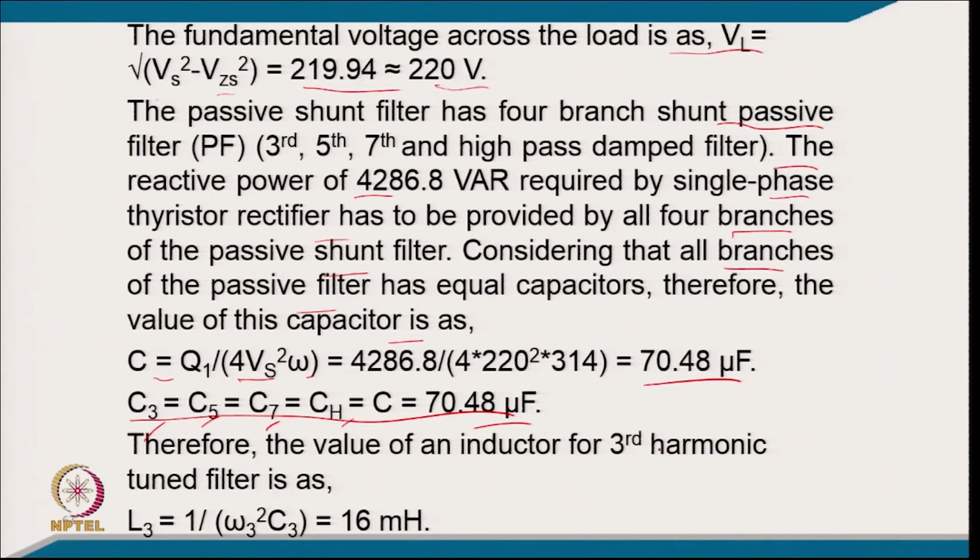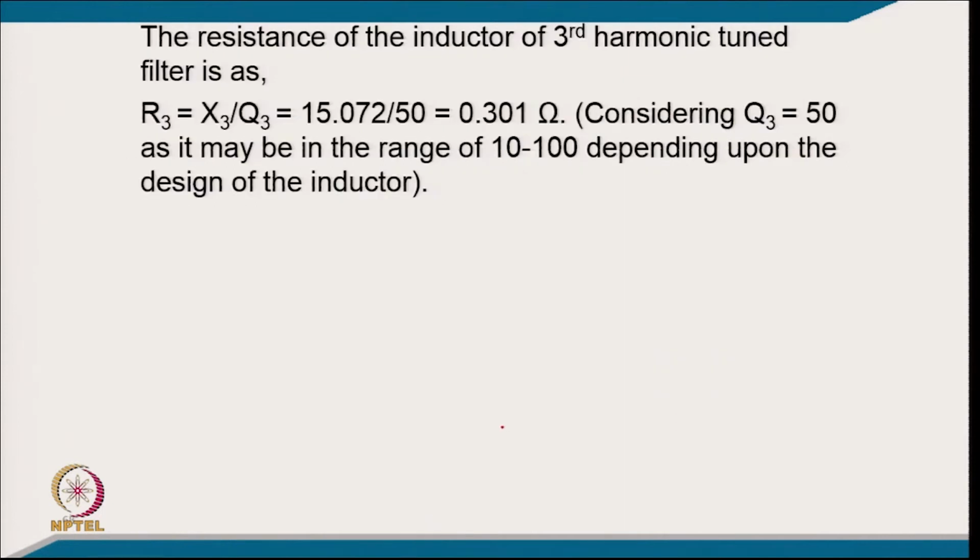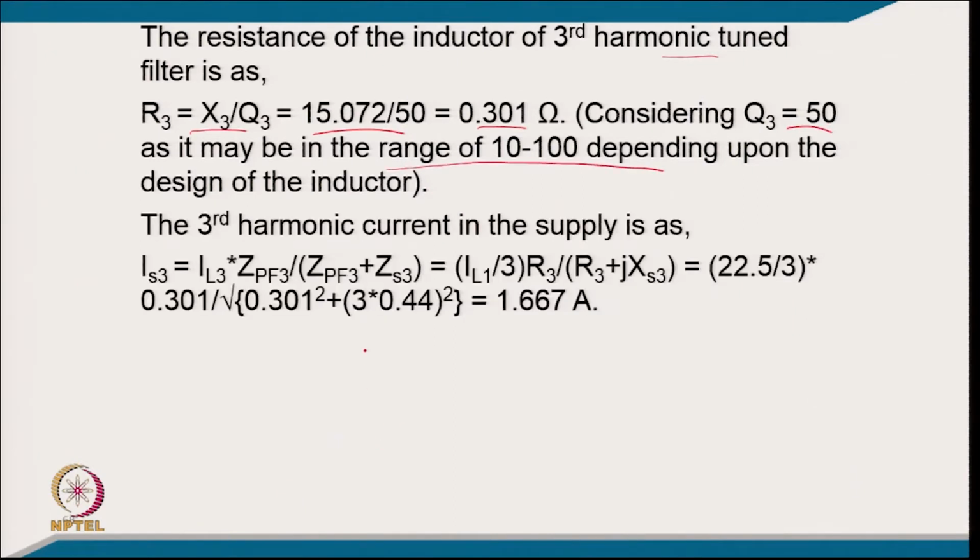And therefore, the value of the inductor for the third harmonic from this resonant relation, L3, comes equal to 16 millihenry, and the resistance of the third harmonic tuned filter will be R3 equal to X3 by Q3. So, putting the value, it comes to 0.301 ohm, considering the quality factor Q3 of 50, which is in the range of 10 to 100 depending upon the design of the inductor.